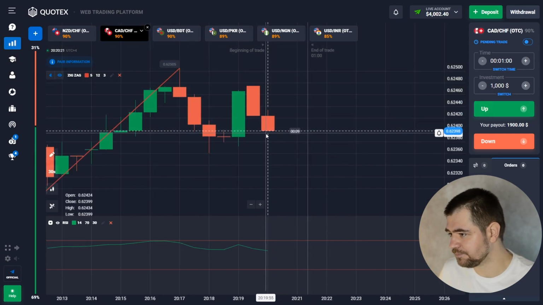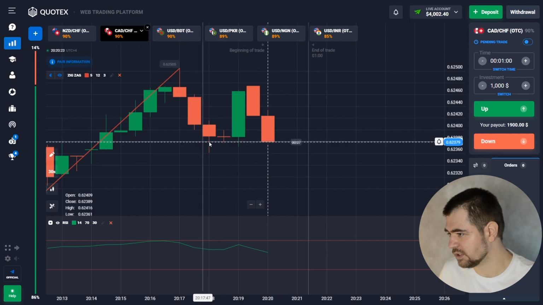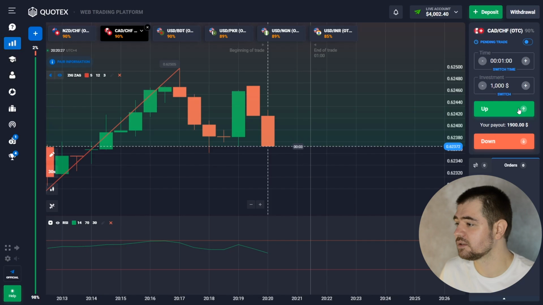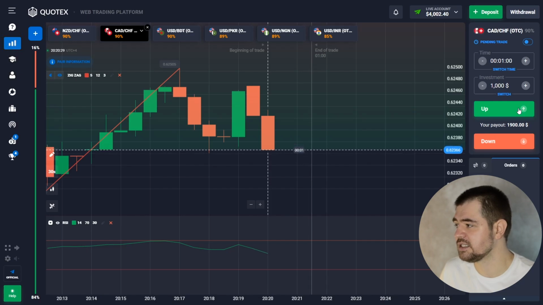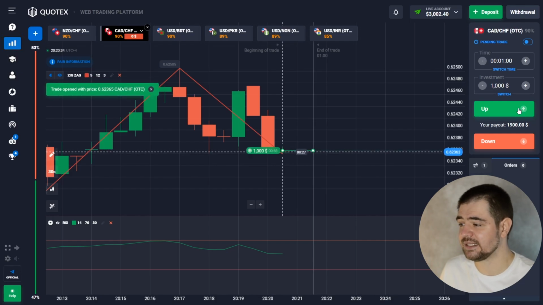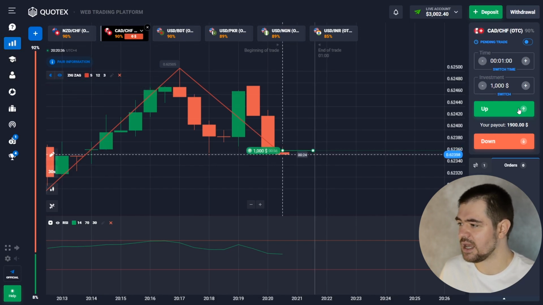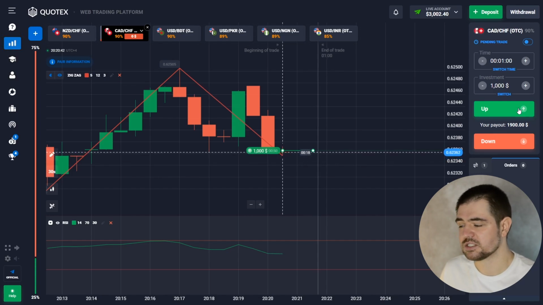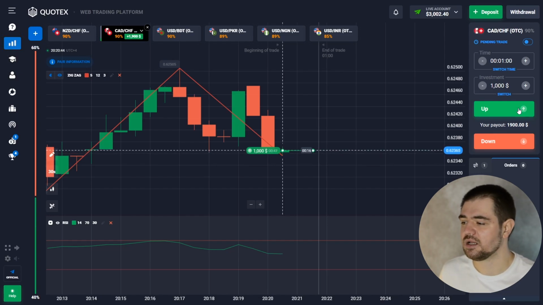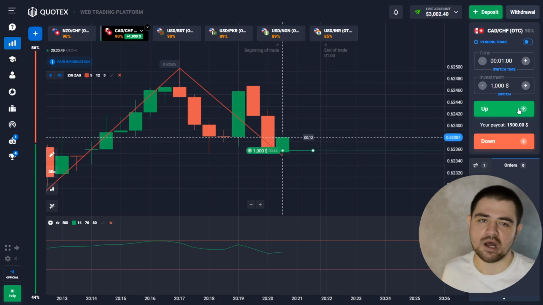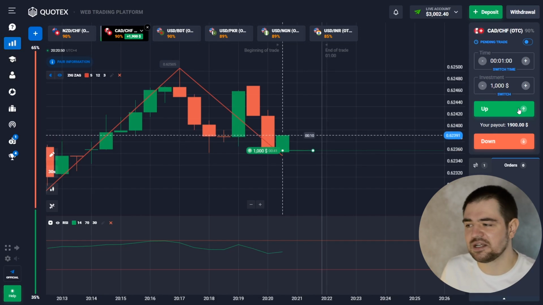Okay, so next, let's go ahead and make a call option here, because I see the RSI is basically in the middle right now. So in this situation, looking at the RSI right in the middle, from there we can go either way.